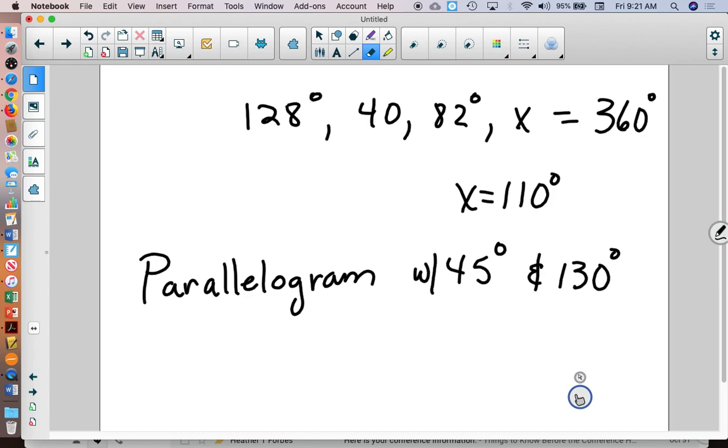Now, think about the shape of the parallelogram. A parallelogram, by definition, and if you look on page 294 in your packet, you have a parallelogram there, has two pairs of parallel lines.